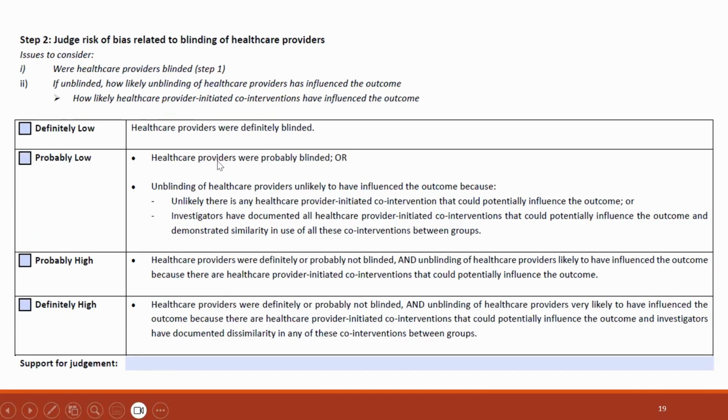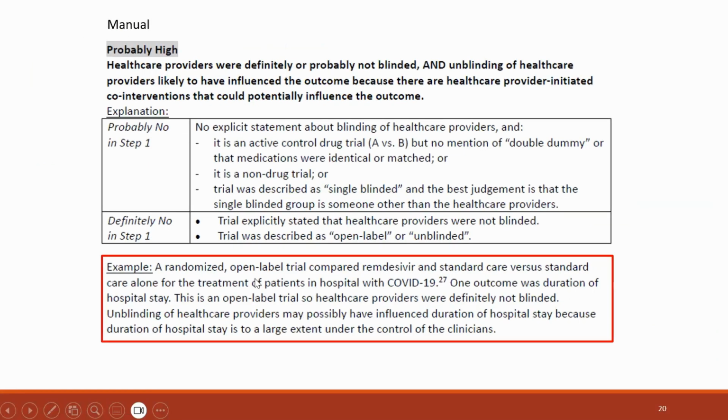If they were probably blinded or the unblinding would actually not matter for the outcome, then the risk is still probably low, and accordingly you would rate with probably high if you have other conditions that are met. If in doubt, you can always go to the manual, which is provided in Appendix 6 of the BMJ publication.